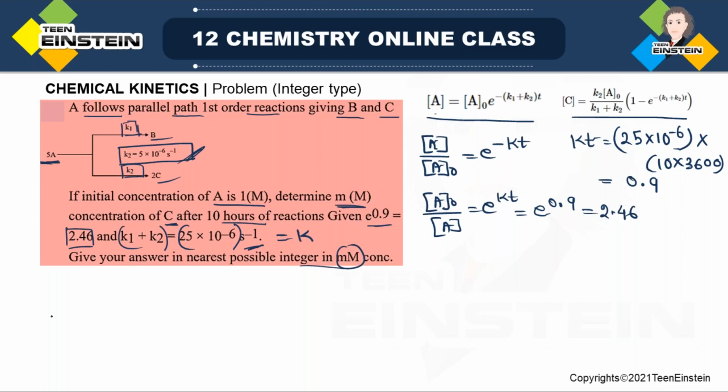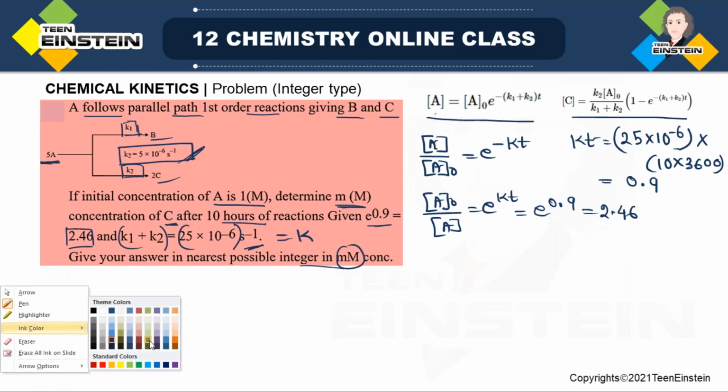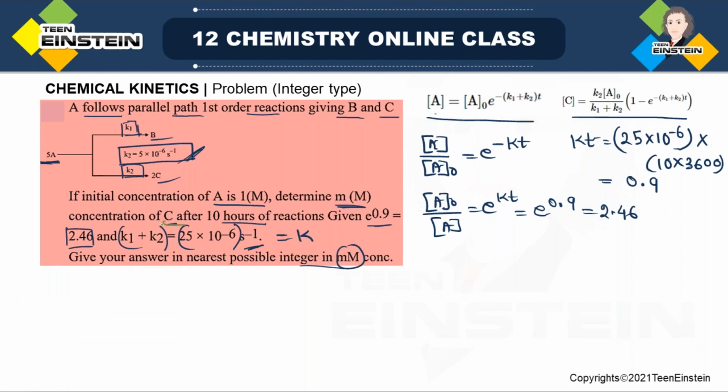Okay. So if this is the case, next we have to find the concentration of C. For the concentration of C, if you consider this expression, it will basically be, in simple form, A naught minus A naught e to the power minus kt, isn't it?